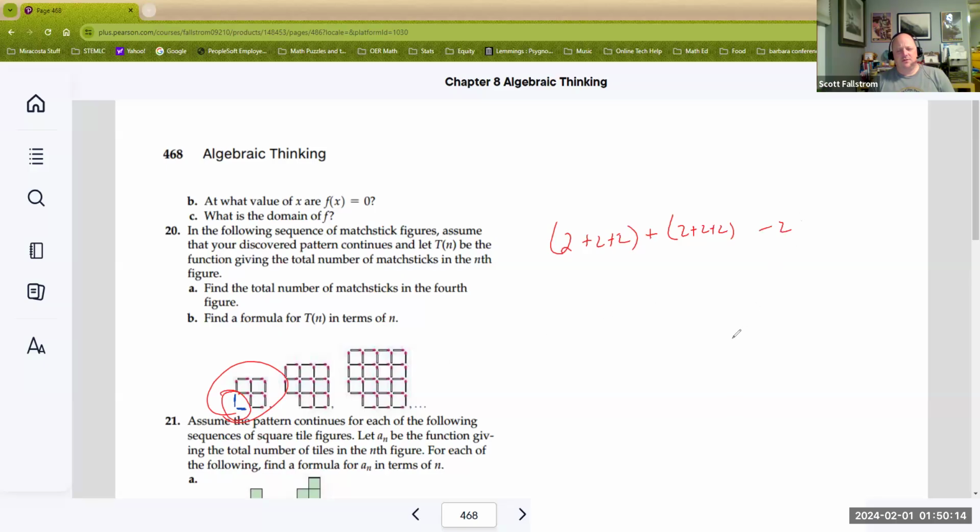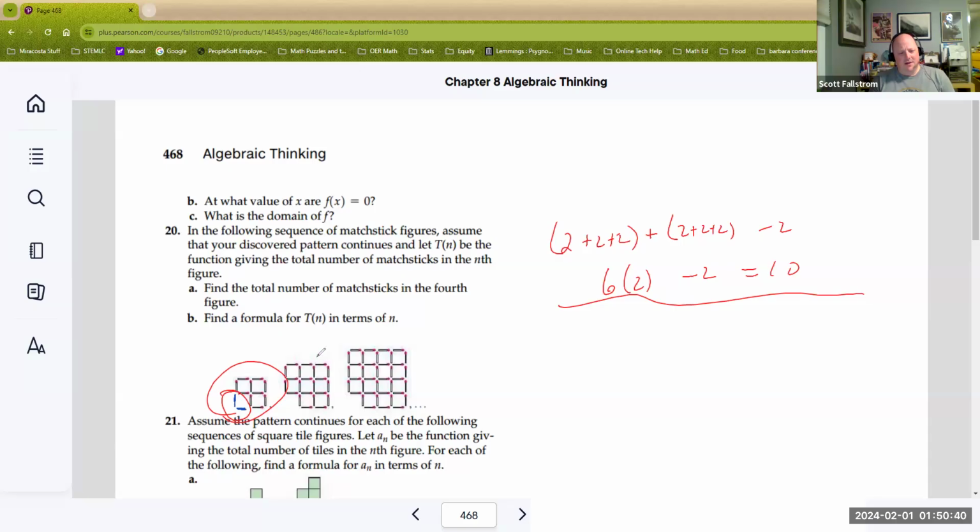So make sure you take away those 2 at the end. I think I'm going to shorten this, because I see there's 2 in a row, and I do that 1, 2, 3, 4, 5, 6 times. So I really end up with 6 times 2, and then I take 2 away, and that gives me 10.